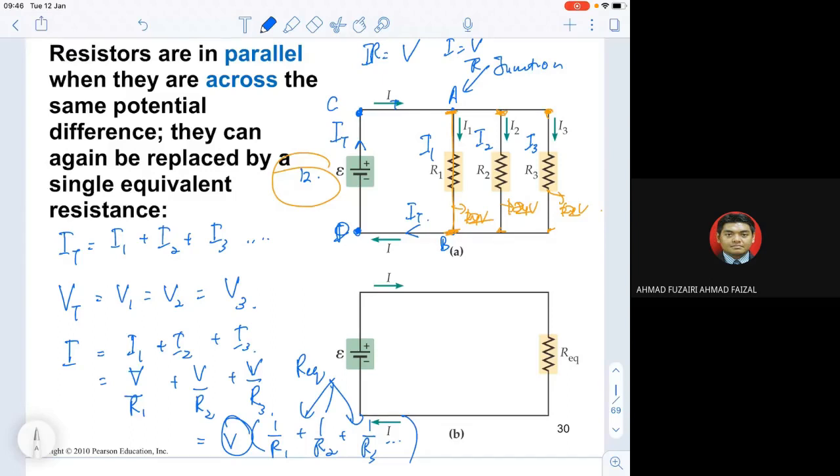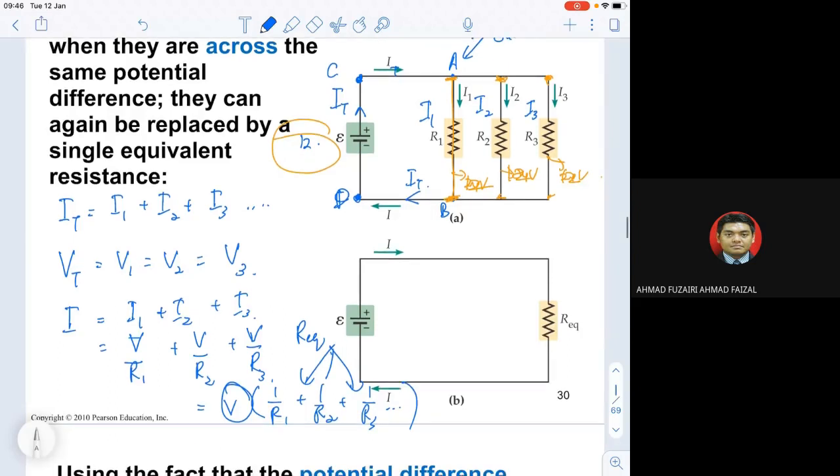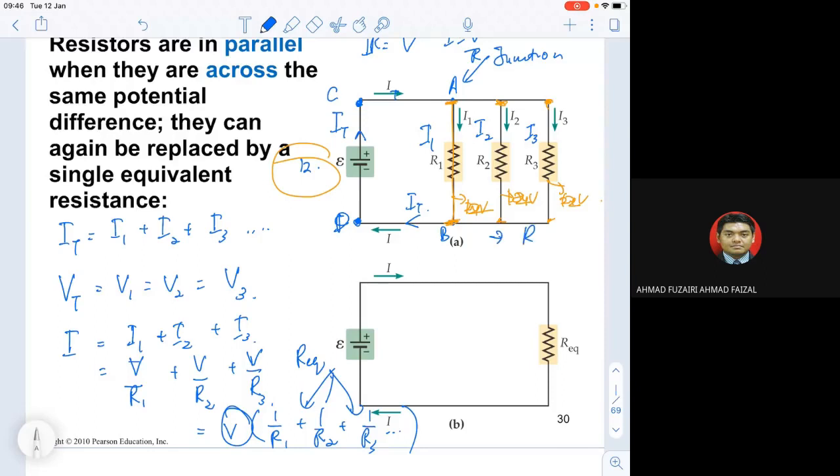Still, in order to solve the problems of the parallel circuit, we should also find R equivalent. Number one is to find R equivalent, and number two is to find the I total. In the parallel circuit, R1, R2, R3 are arranged so that they are parallel to each other, meaning parallel to the batteries.